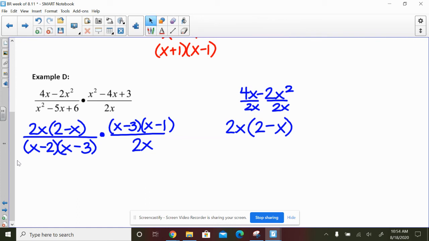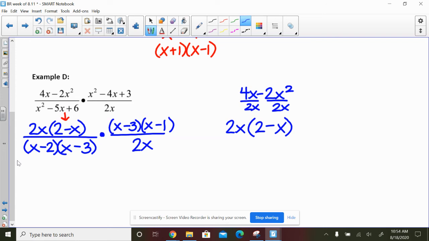All right, so there's one thing that we need to do. If you notice this piece right here, it's kind of backwards from the rest of it. So in order to switch it around, you can switch it around, but you're going to have to make whatever's in front of it negative.